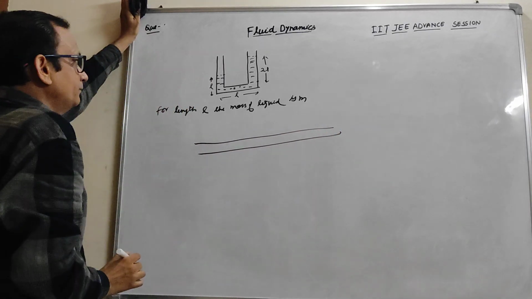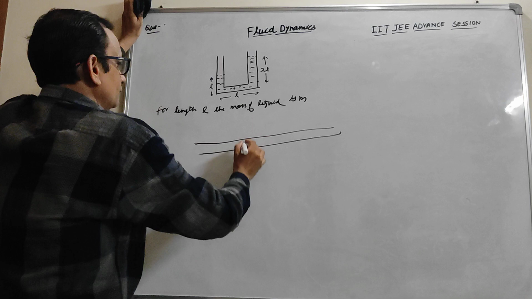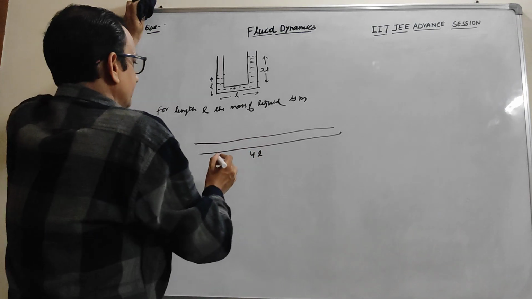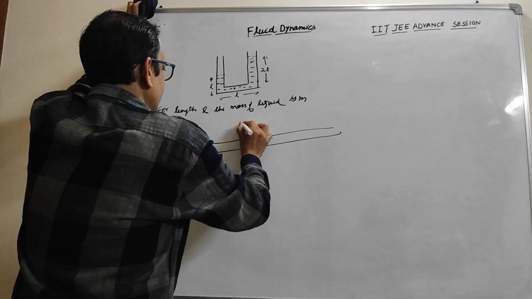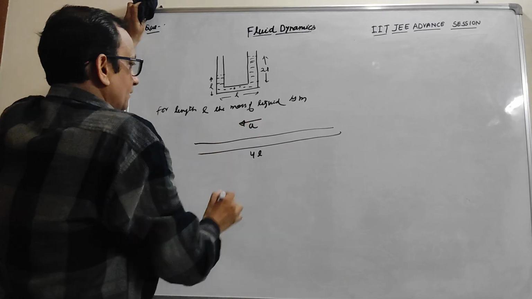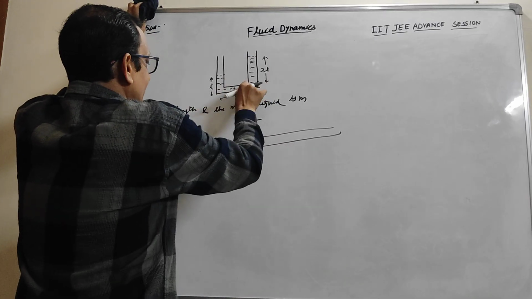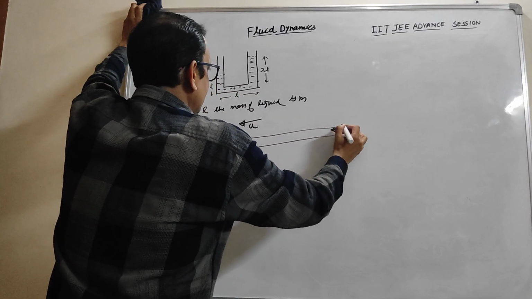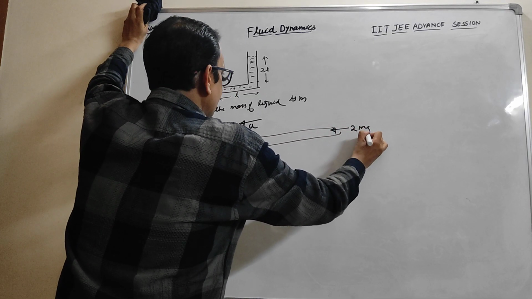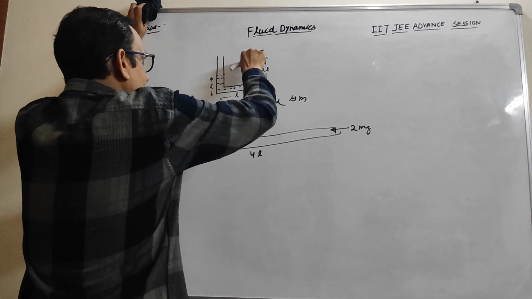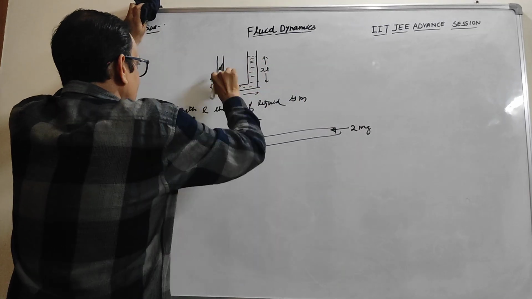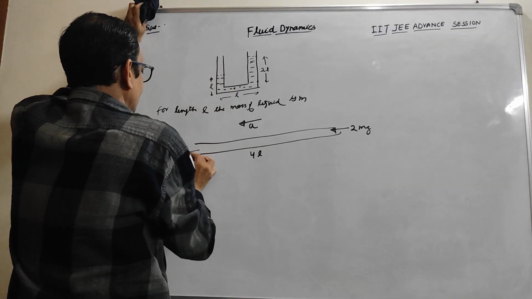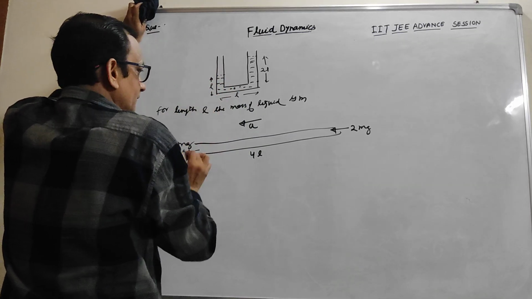Suppose this is the tube of L to L, this becomes 4L, and the acceleration of the fluid in that direction. So this is 2L, pressure here not affected. So here 2m mass, 2mg force is acting downward. Here L length is, so m mass is here. So this is mg force.